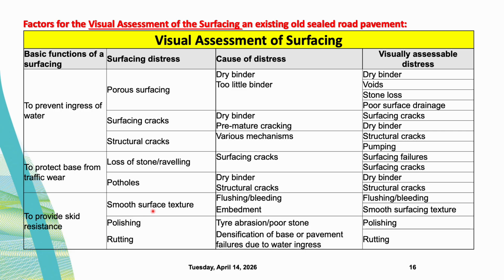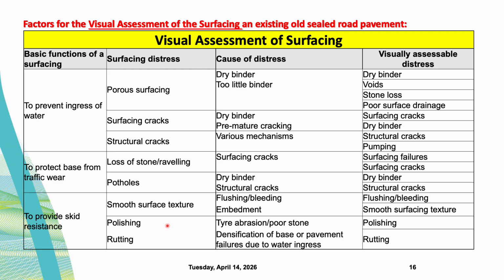So, smooth road surface is expressed in cause of distress as flushing and bleeding, and it is a smooth surface texture that you can see with the eye, and you can also see with some investigation that there is some embedment of the aggregate of the seal into the base layer.